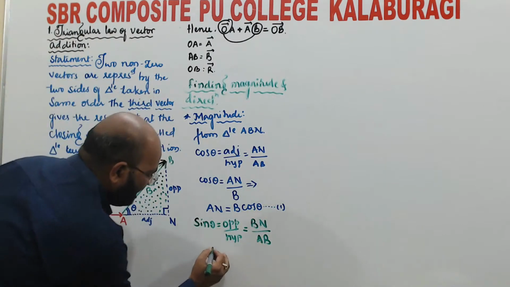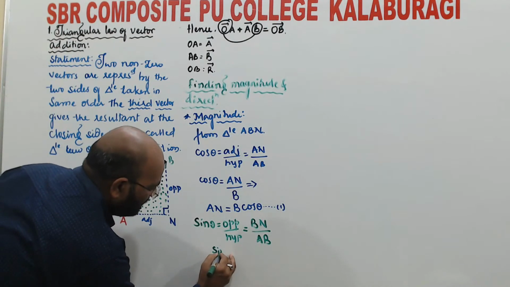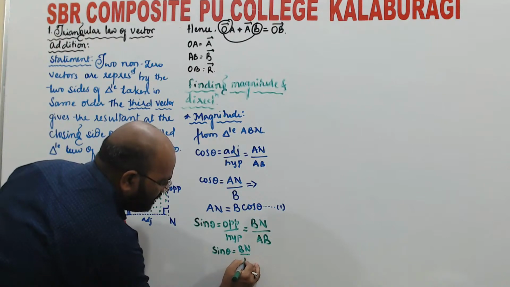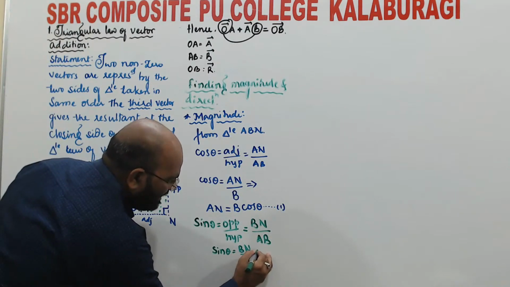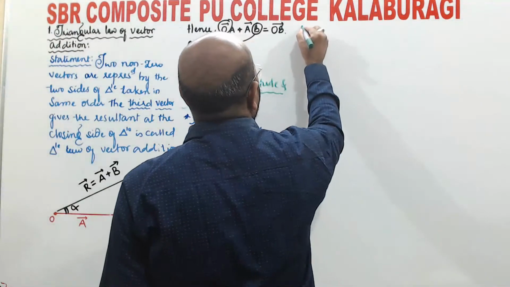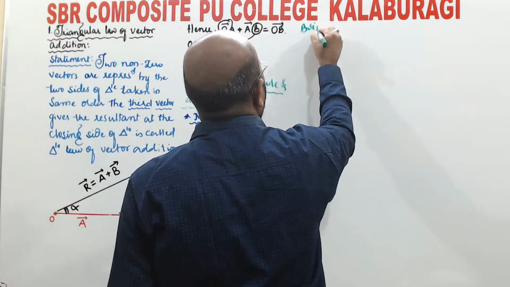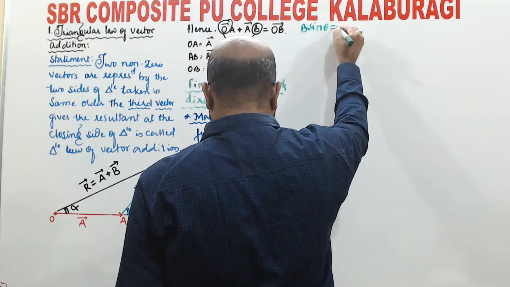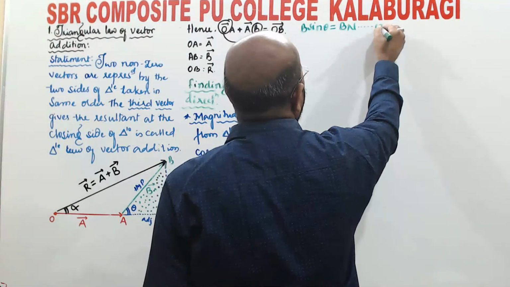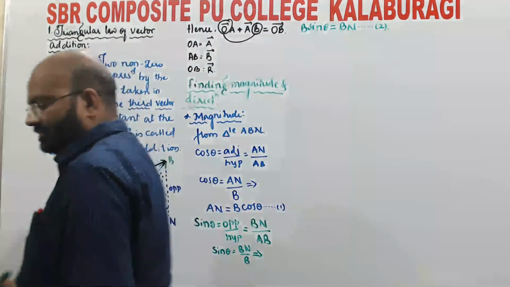Sin theta is equal to BN by B, which implies B sin theta is equal to BN. Say this is equation number 2.